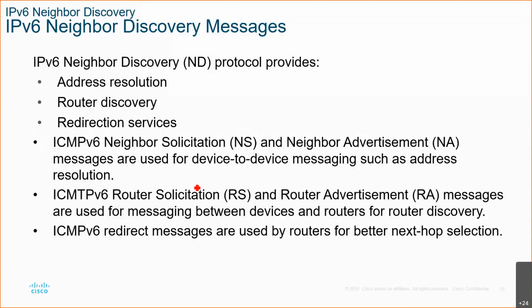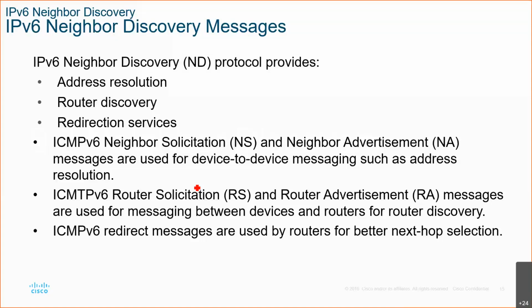It sends an ICMP neighbor solicitation, an NS, and also an NA, neighbor advertisement. Neighbor solicitation is as in I'm looking for your MAC address, and neighbor advertisement is as in this is my MAC address.